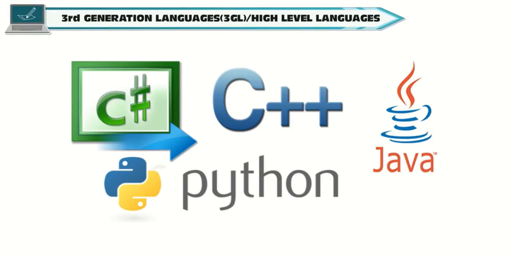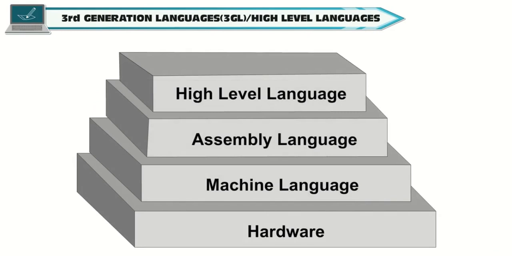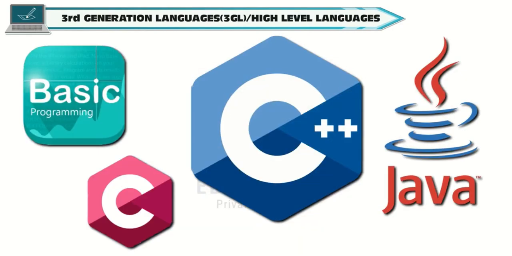Third generation languages, or high-level languages, are a step above assembly language. Some of the popular programming languages used today are from the third generation.